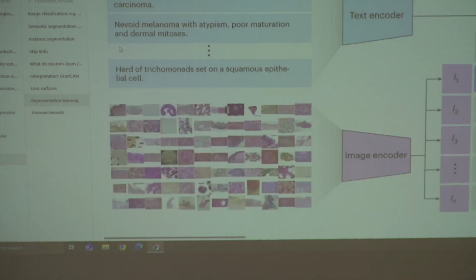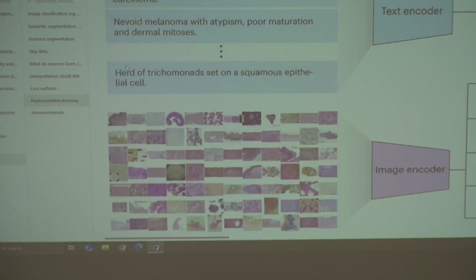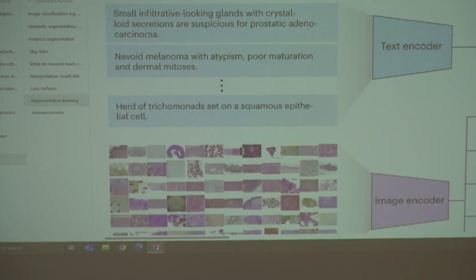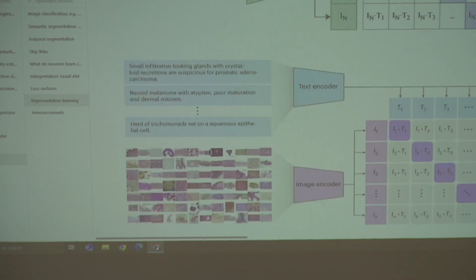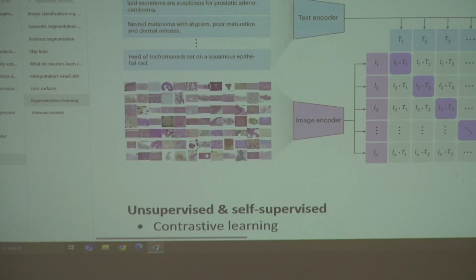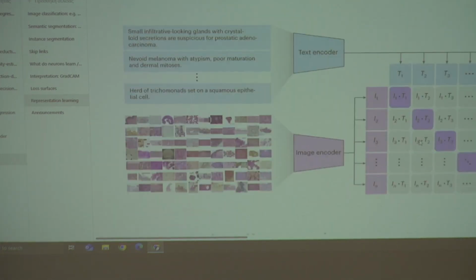So here's an example from digital pathology: plenty of images, plenty of texts, one text that goes with every image, and then the very same kind of machinery is used. And if you do this on 100 million images, then you get very good foundation models for digital pathology.